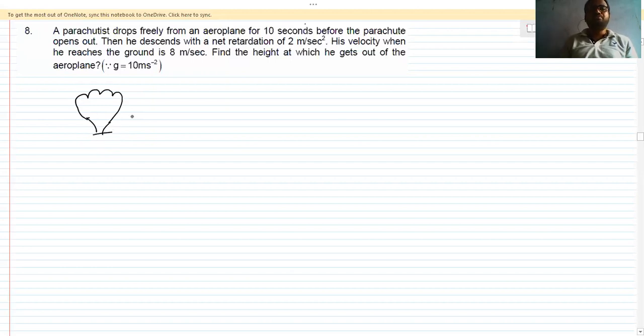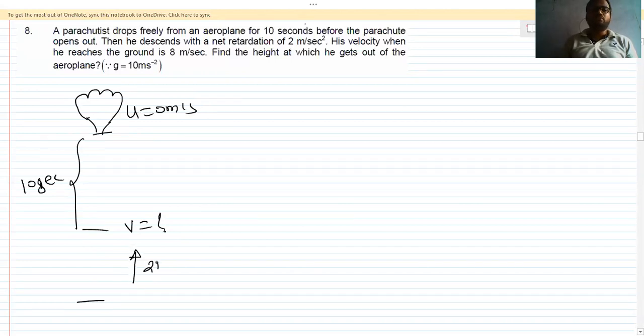Initial velocity is 0 meter per second, drops freely for 10 seconds. So at this point, what is the velocity? We have to calculate. Let us suppose velocity at this point is v. After that it starts decelerating with an acceleration of 2 meter per second squared and reaches the ground with 8 meter per second.